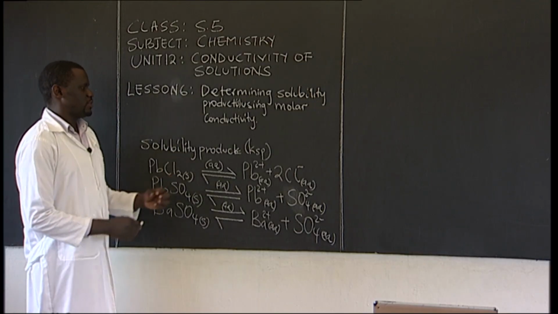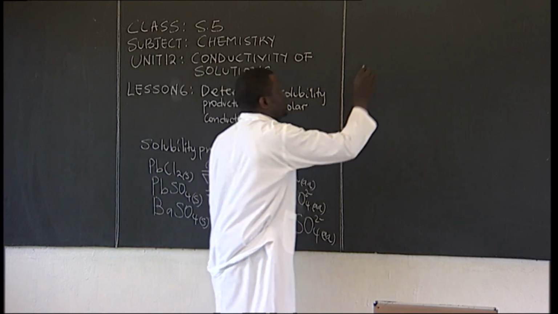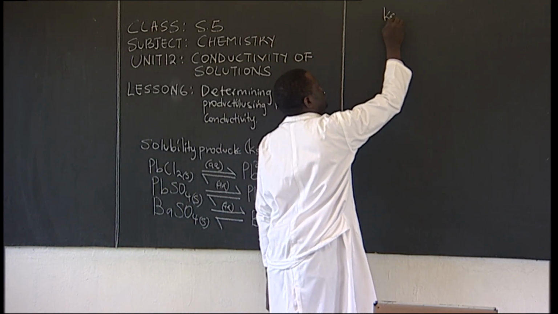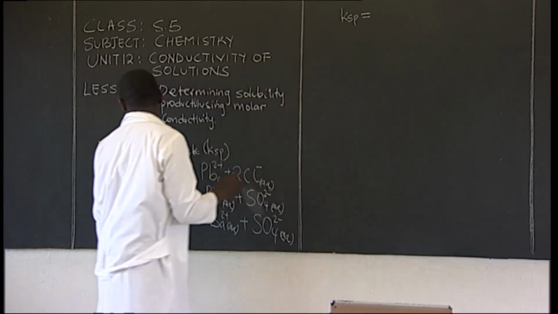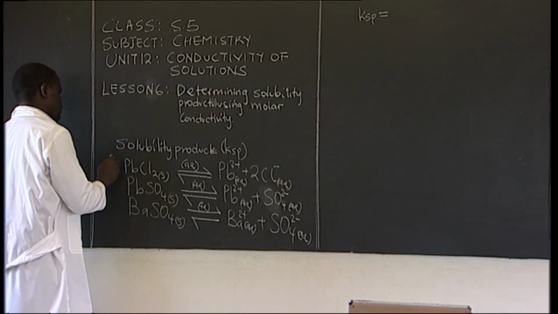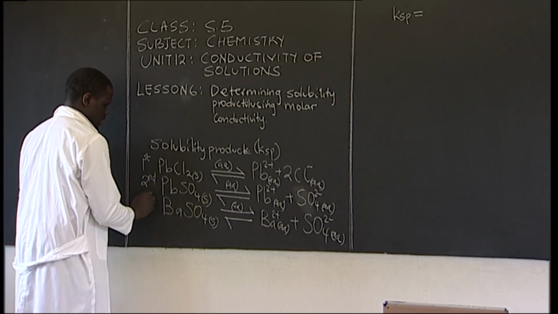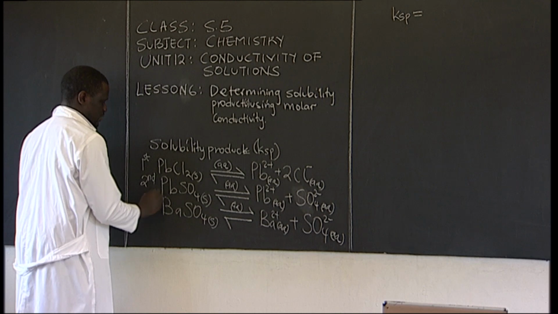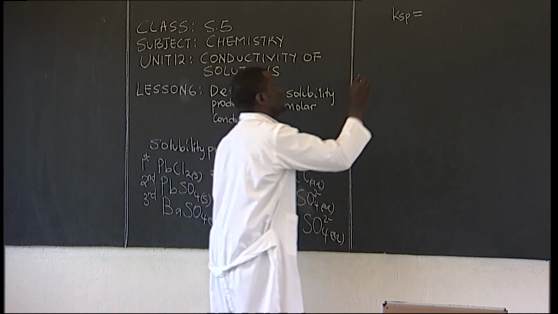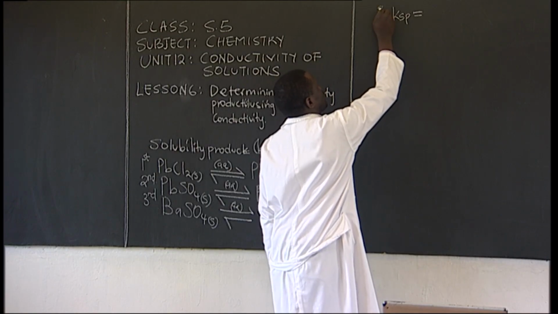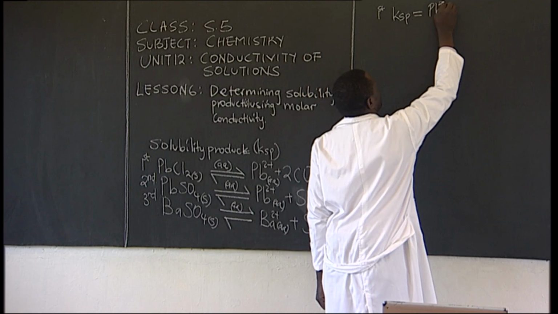Then we go to the statement of KSP. If we consider the first equation, this is our equation 1, equation 2, and equation 3. The second and the third are almost similar, so we are going to write the KSP expression for the first one. It will normally be the product of ions.